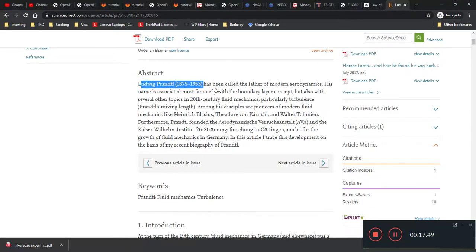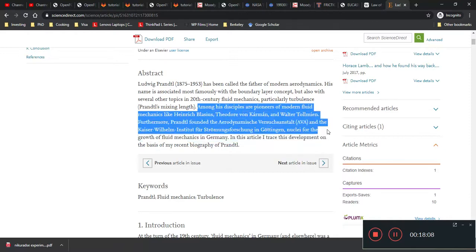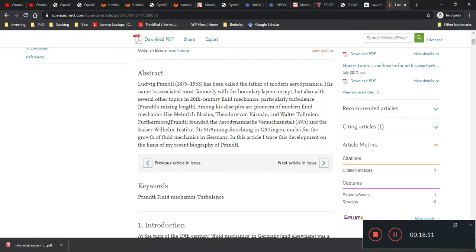This guy is called the father of modern aerodynamics. Look at this guy, Blasius. These guys were taught by Prandtl, Blasius and Karman. Prandtl founded the Aerodynamische Versuchsanstalt, Kaiser Wilhelm Institut fuer... okay, my German is not so good, I better brush up, never mind.